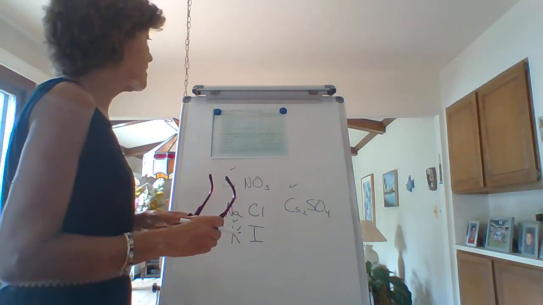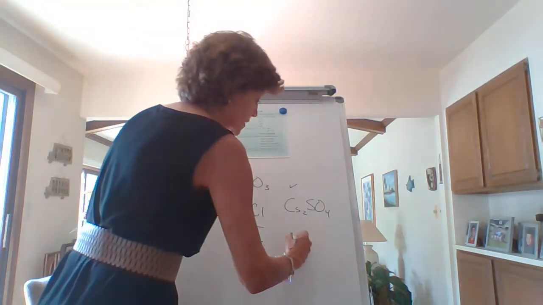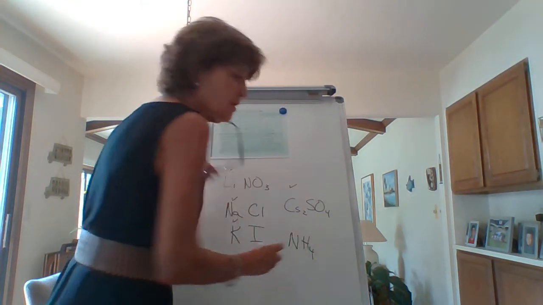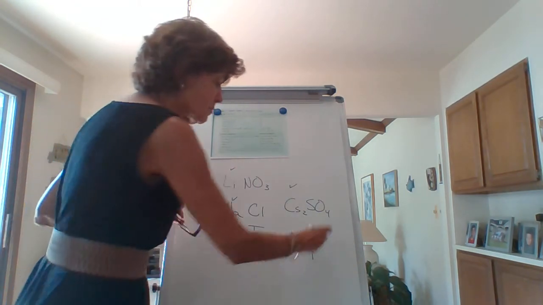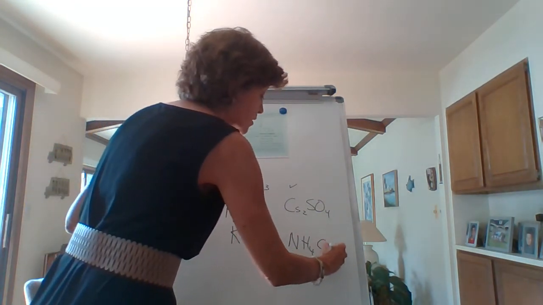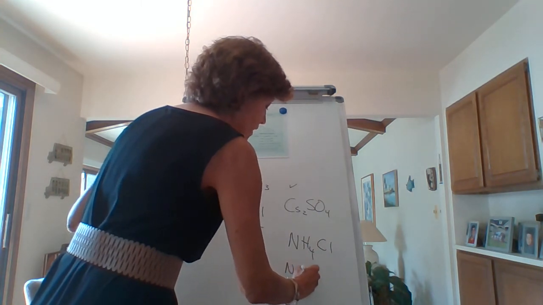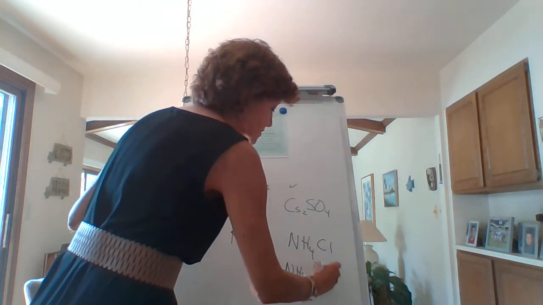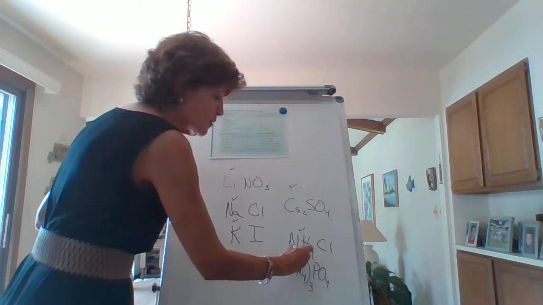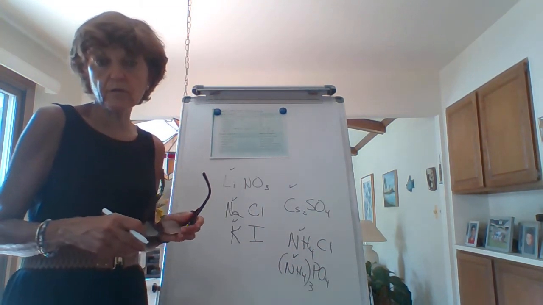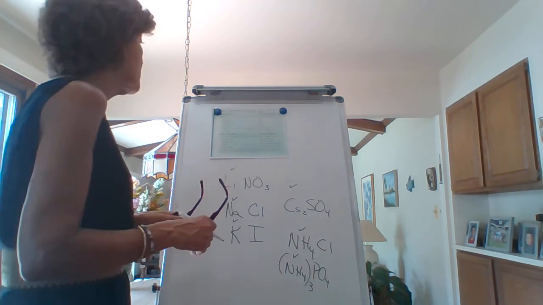Also, anything that has an ammonium, if you see an ammonium ion, it doesn't matter what it's attached to, ammonium chloride, ammonium phosphate, any ammonium ion, it's going to be soluble in water, okay?